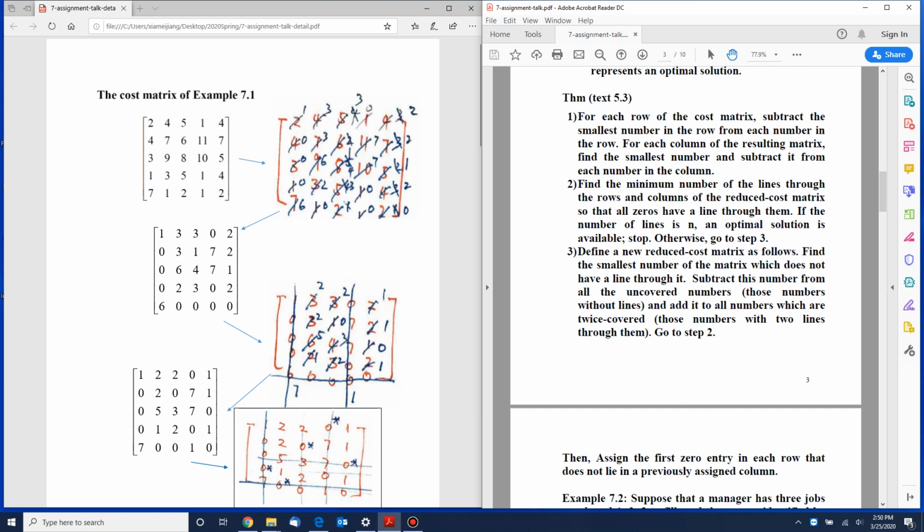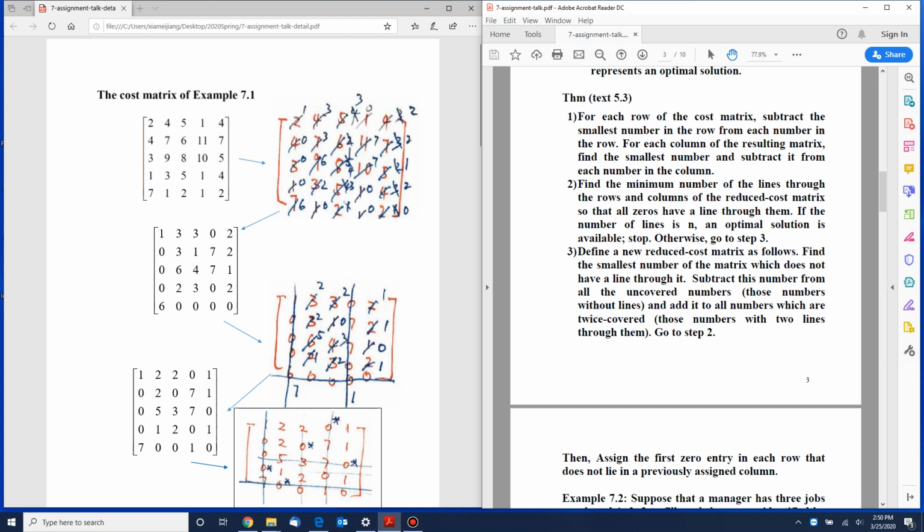For the first column, that becomes 1, 0, 0, 0, 6. The smallest number is 0, so we don't need to do anything.